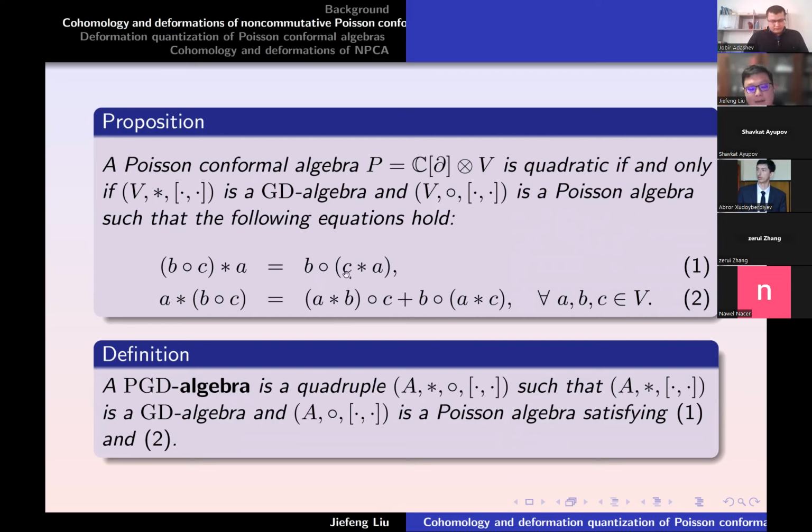This condition is just the differential Poisson algebra given by Zhang and his co-authors. So our differential Poisson algebra gives rise to this notion of PGD algebra. Our PGD algebra is a quadruple such that this is a GD algebra and this is a Poisson algebra satisfying 1 and 2.